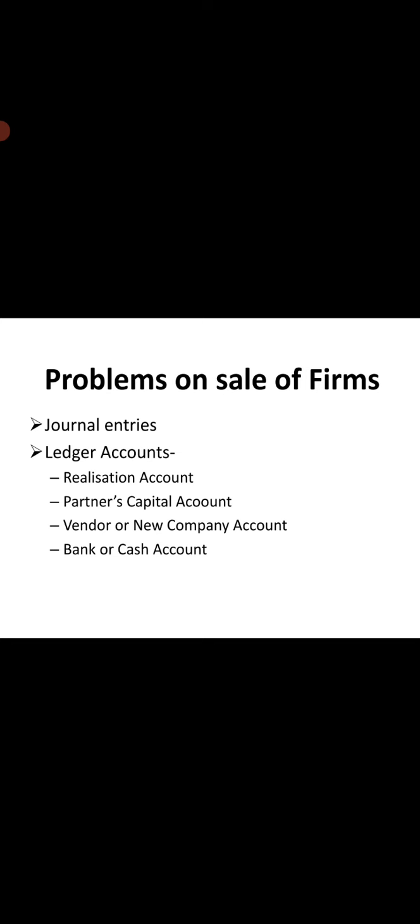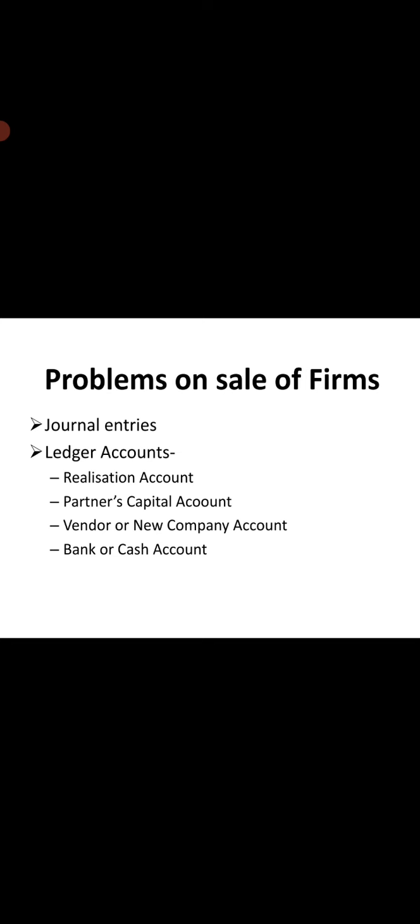The first journal entry as per the problem is to transfer all the assets to the realization account: realization account debit, the total amount is 1,82,500, to debtors account 40,000, to stock account 37,000, to plant account 85,000, to investments account 20,500. Second journal entry, for transferring the liabilities: creditors account debit to realization account, amount 55,000.